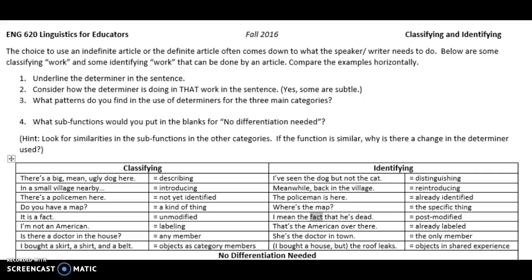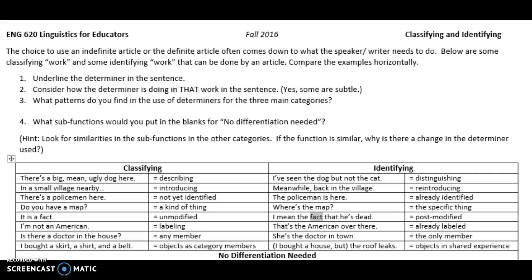And we might have trouble explaining to a learner of English why we wouldn't say a fact that he's dead. Linguists have noticed the pattern that if the noun is modified afterward, we often use the definite article.